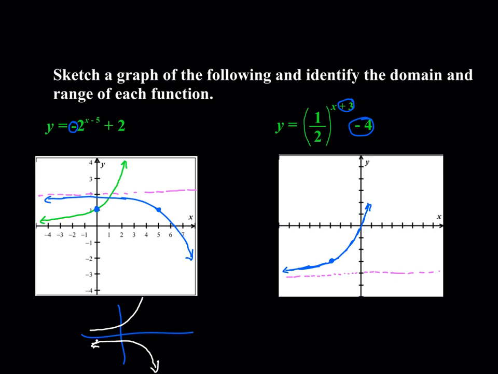Now, yes, I could get a more accurate graph by plugging in a lot of numbers for x, but really what I'm trying to get you to understand here are the transformations, and so I'm using 1 point to transform and the asymptote, and so we can get a relatively fair sketch out of that.